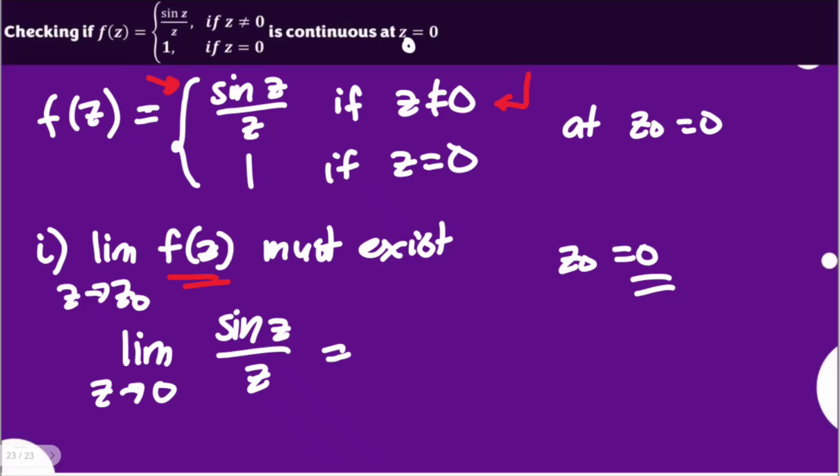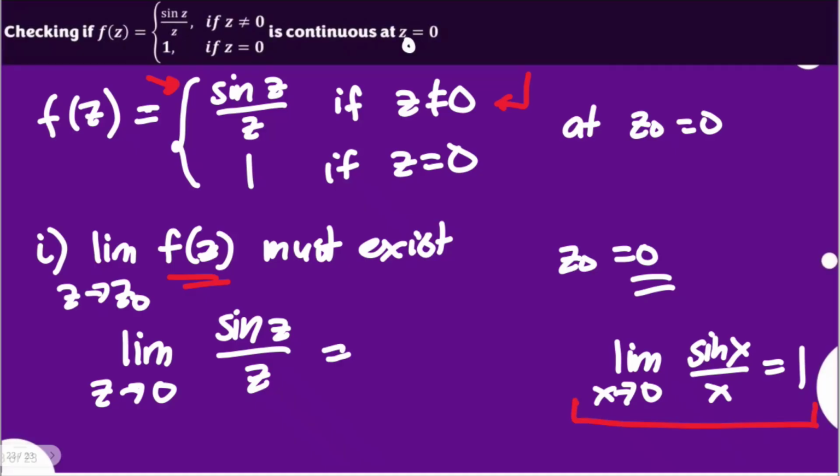However, if you can still remember a portion of our discussion in calculus, the limit of sine x over x as x approaches 0, which is similar to this but instead of x's we're using z's, is just equal to 1. This is an identity that we learned when we studied calculus.